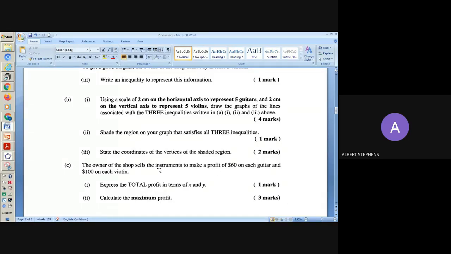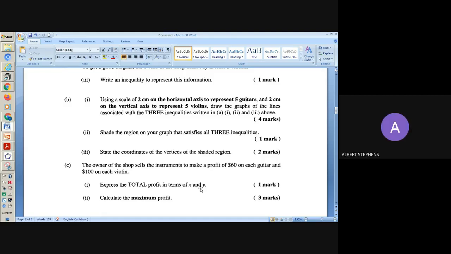How would you write that in algebra class? That's what they're asking for in part 1: express the total profit in terms of x and y. How would you write that? x is guitar, y is violin. 60x plus 100y.